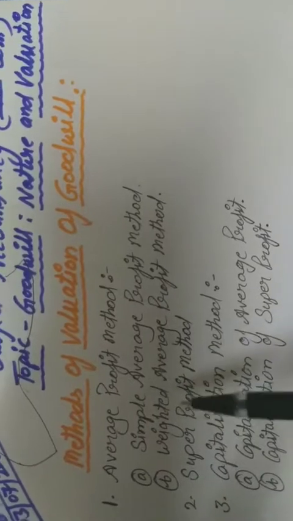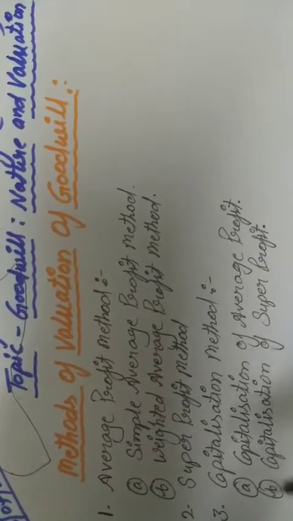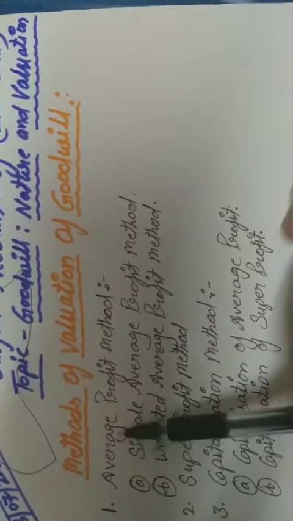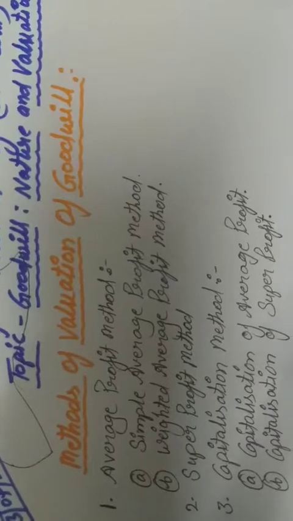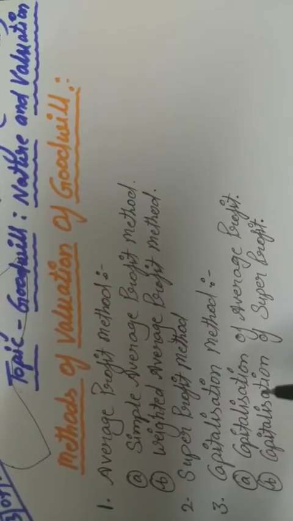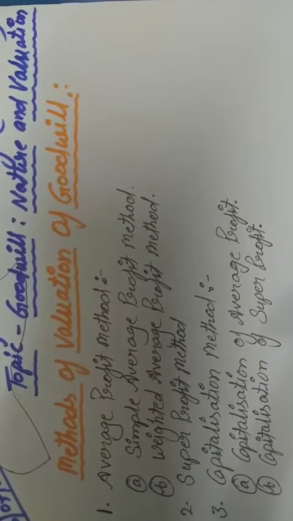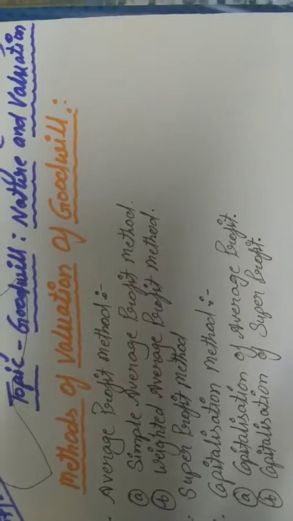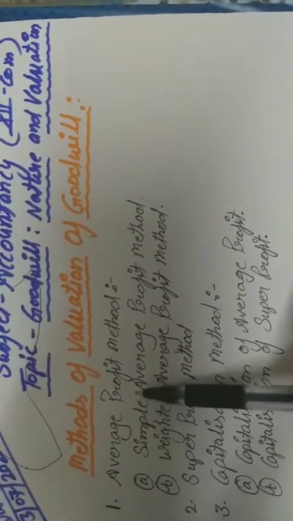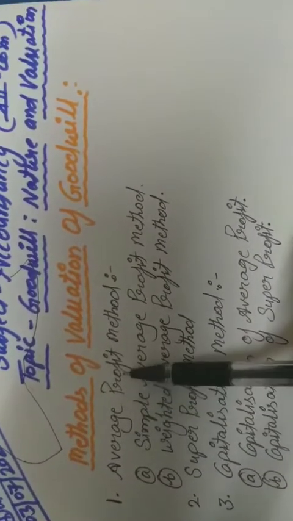Similarly, how you found the value of mean in economics, you will find the average profit of a particular partnership firm. I have taken an example from economics just for remembrance.